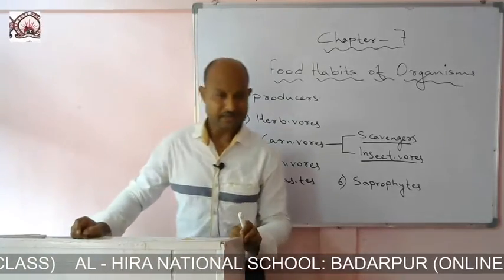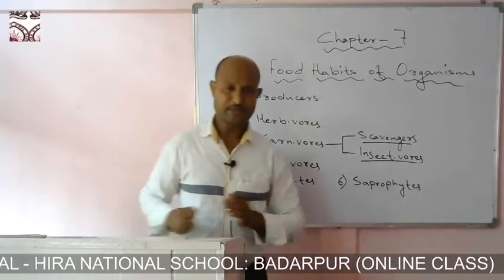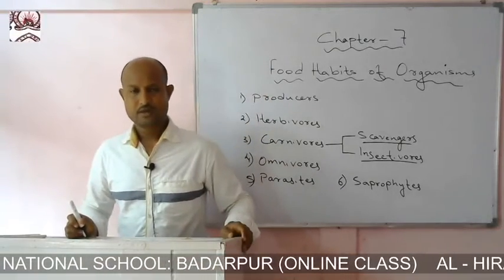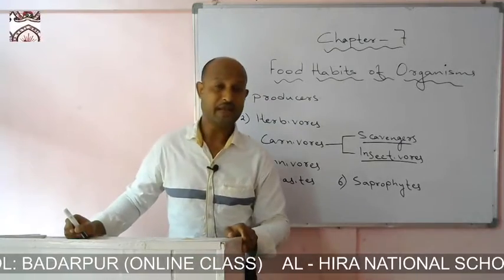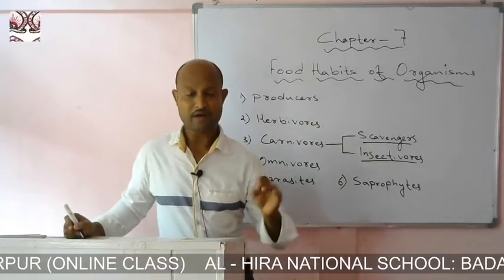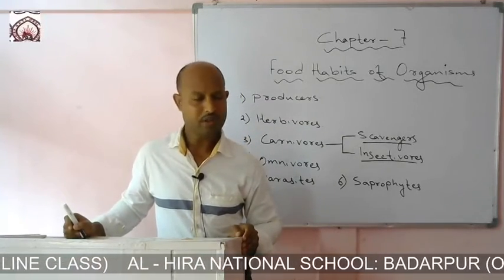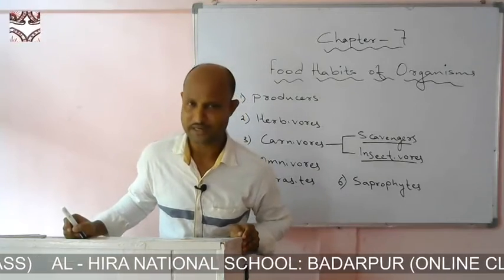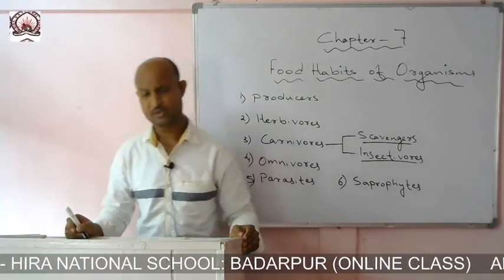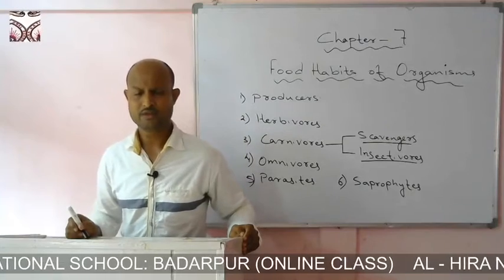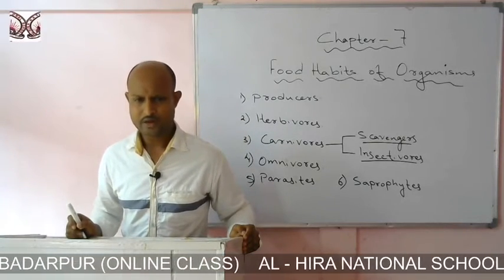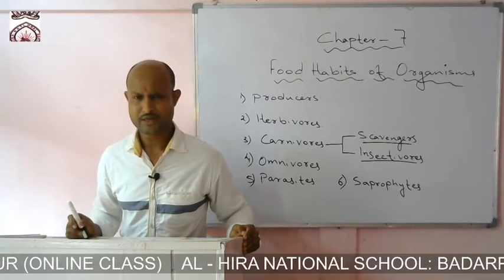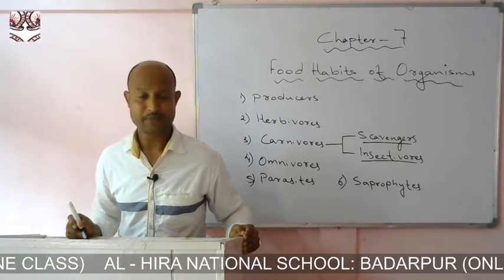Okay, lastly, we have the saprophytes. Saprophytes are a group which consists of all those organisms that get food from dead plants and animals, dung, fallen leaves, and all the other things that come from plants and animals. Even the leaves, branches, and twigs that fall on the land after they get dry vanish after some days.